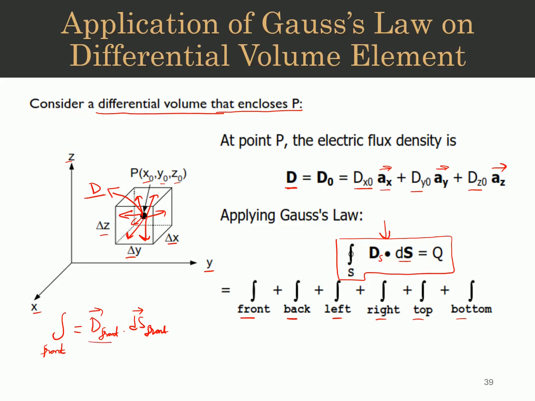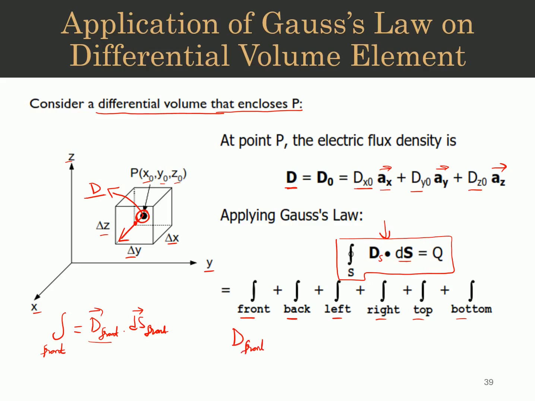Assume the point is at the back of the axis over here. This is on the back face, and D is basically the electric flux density which is coming from behind and moving towards the front end. So this is the value of D. So I can write what D front is.